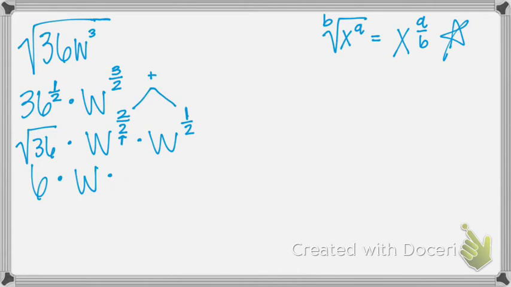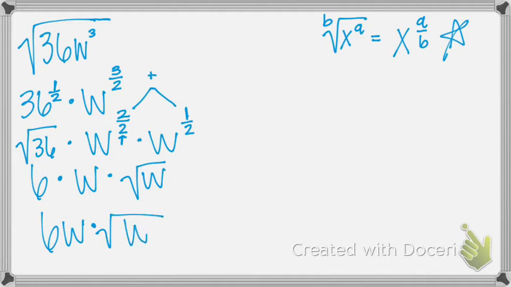And then w to the 1/2 power. Anything to the 1/2 power is the what kind of root? The square root. So now our answer would be 6w times the square root of w. Now, just because I worked it this way does not mean that you have to work it the same way.